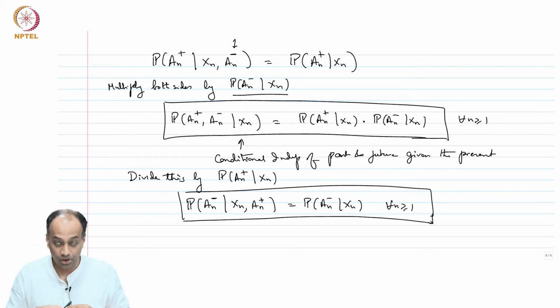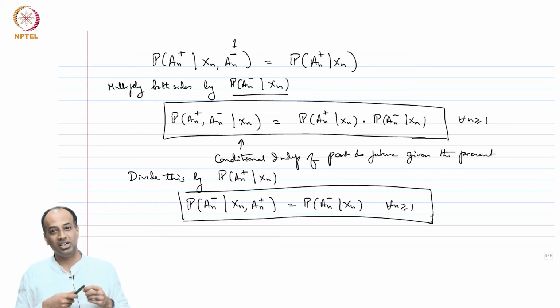So if time runs in reverse, the past does not matter, and the past here is a n plus. In reverse time, a n plus is the past. So this is some kind of a Markovian property when time is run in reverse, for a Markov chain.